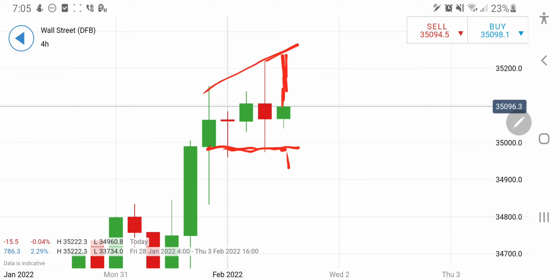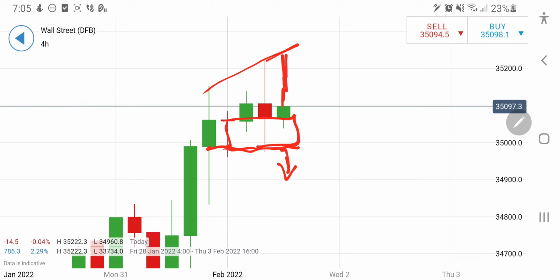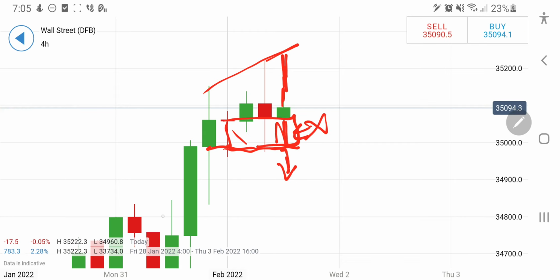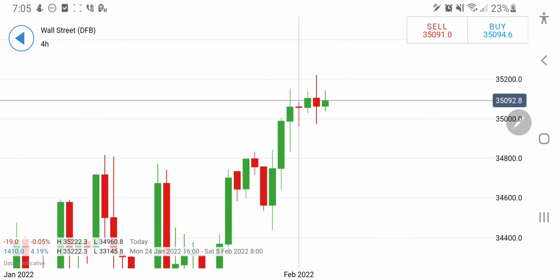So once it goes below 34970, you can go short. You can expect it to drop towards 34900 levels. So till the time it is between 35050 and 34970, please don't trade between these 80 points. Till the time it remains above, probably we might see a rise.